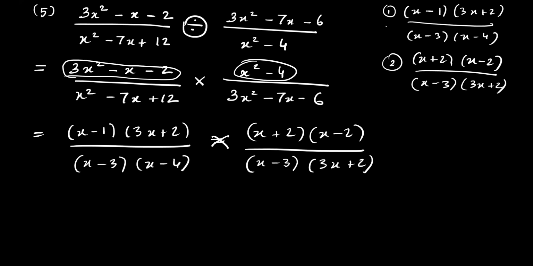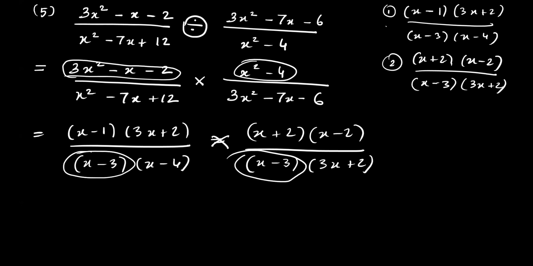Can you find out what all is getting cancelled? x minus 3. Where is x minus 3 getting cancelled? Both x minus 3 are in the denominator. Both won't cancel in the denominator; it will cancel between numerator and denominator.